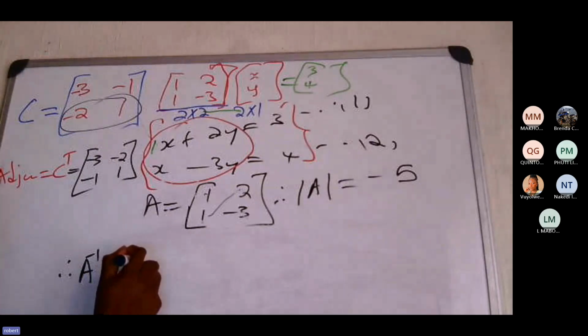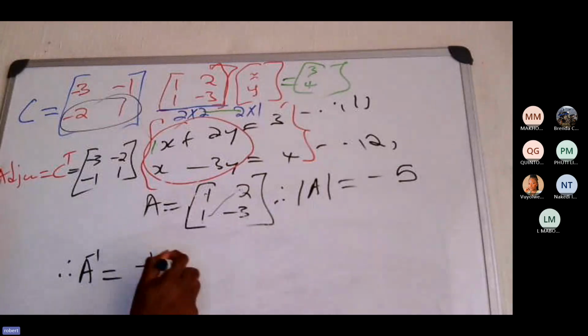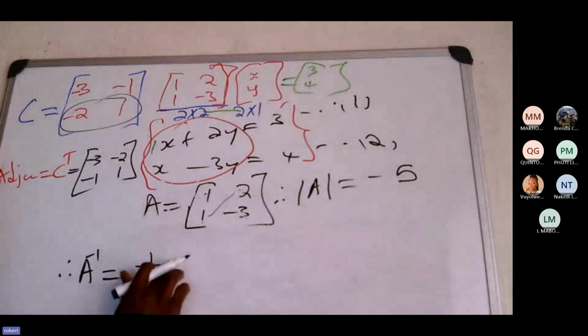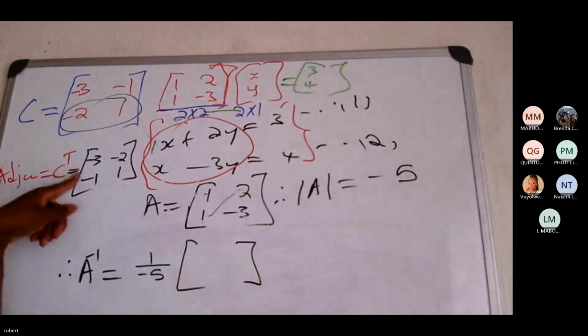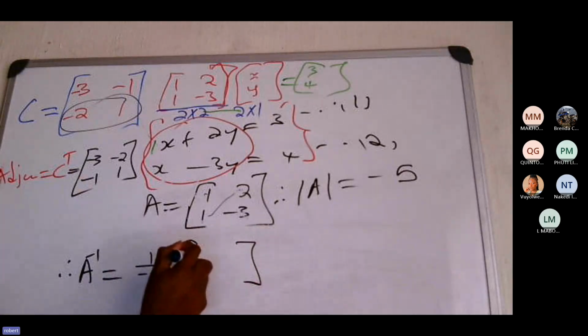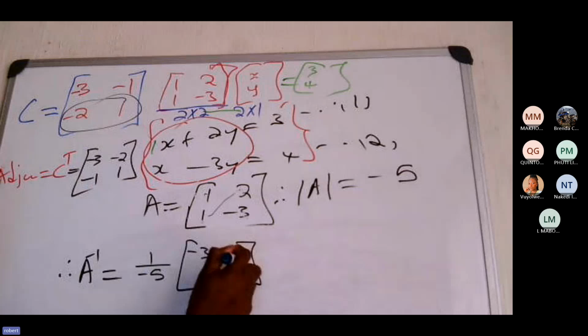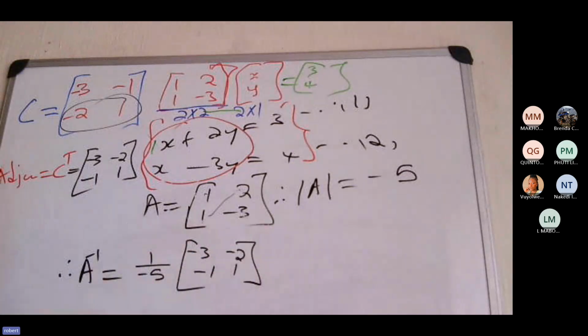Therefore, it will be 1 over -5, then multiplied by this, which is -3, -2, -1, and 1. Then that is the inverse.